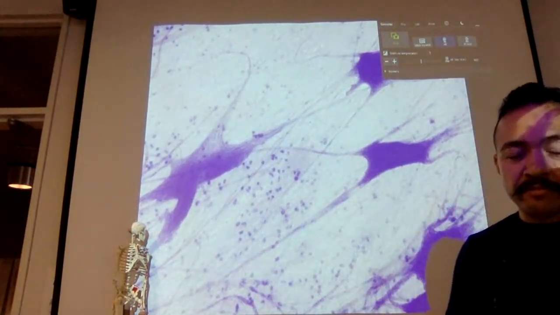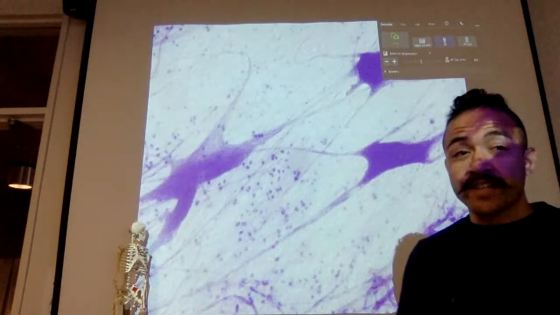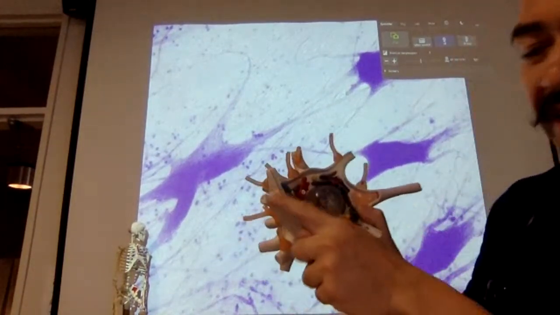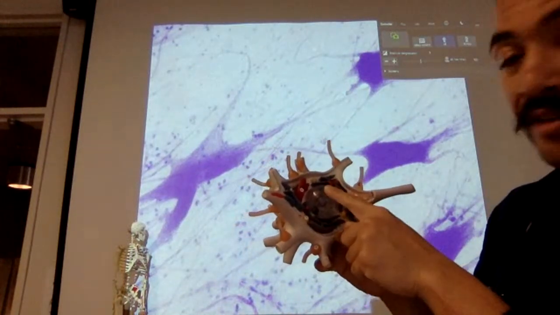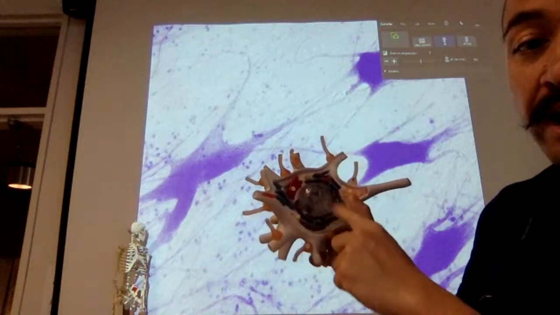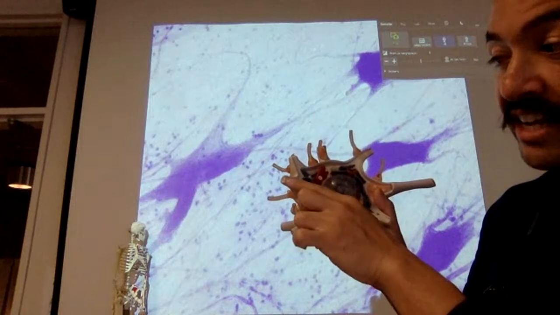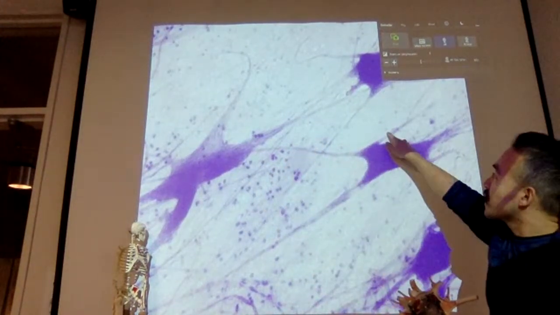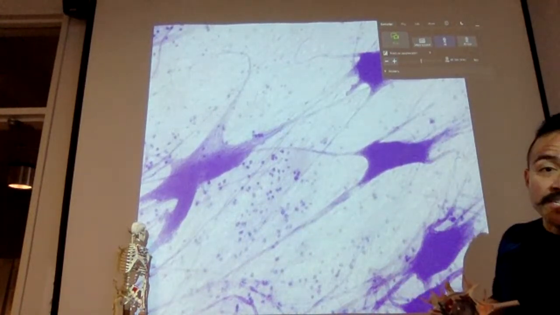How do we tell the difference between axons and dendrites? Think of dendrites as extensions of the cell body. In the cell body, yes, you have the nucleus, but you have all these organelles. And so these organelles are going to be stained a color. So that color extends into the dendrites. If you see that color extending into a branch, those are dendrites.